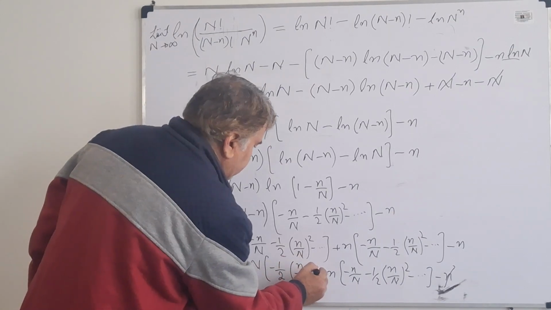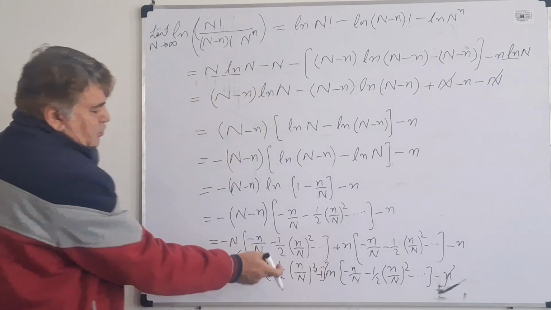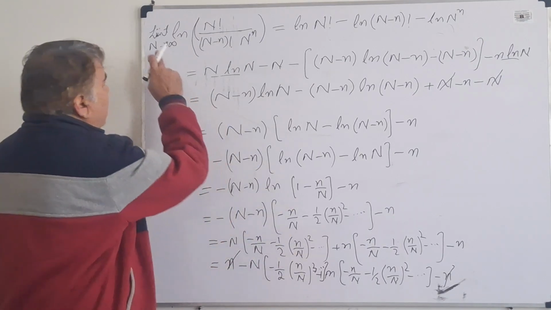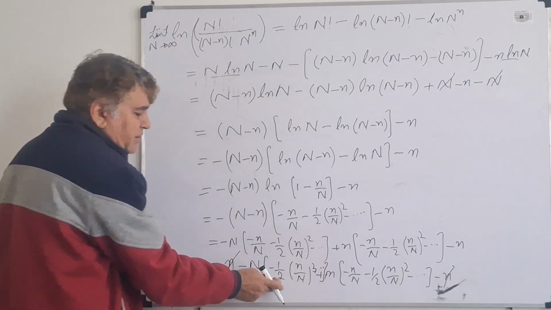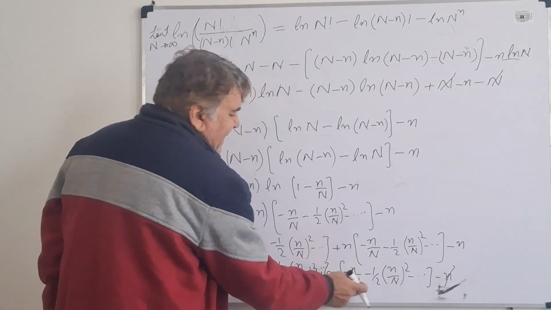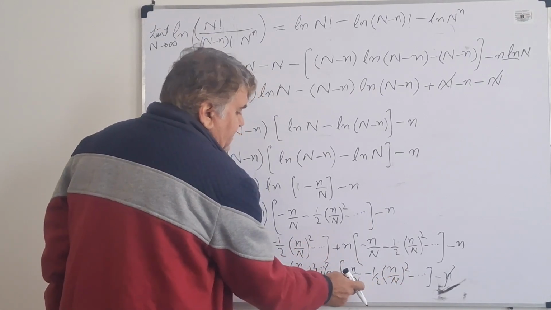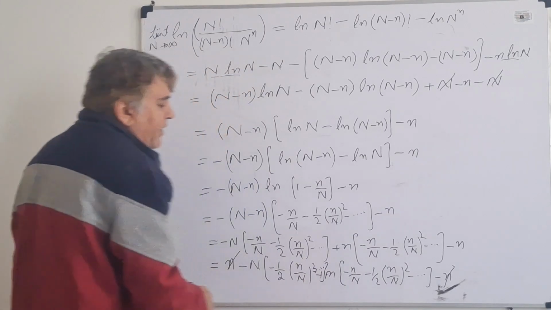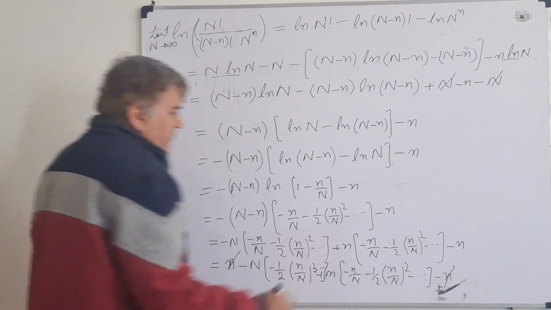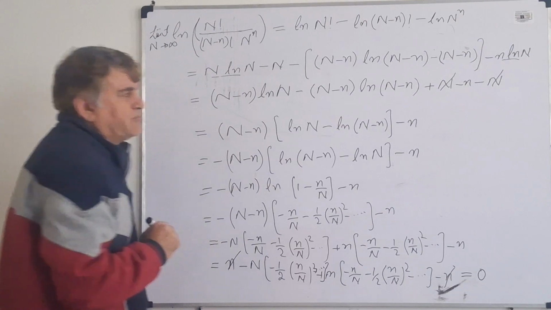This is a series, plus and so on, so this is a series and I put the plus over here. So every term carries a capital N in the denominator, and if I apply this limit, that would go to 0. So this term goes to 0, and the same is true about this term, because every term inside the brackets carries a capital N in its denominator, and the limit would set every term to 0. Therefore, the net result of this is 0.